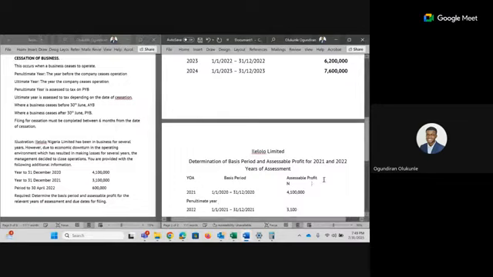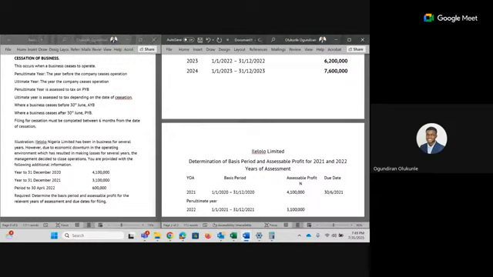The due date for filing: don't forget that it's going to be 6 months from the accounting year end, right? So this one will be 30 June 2021, 3.1 million.